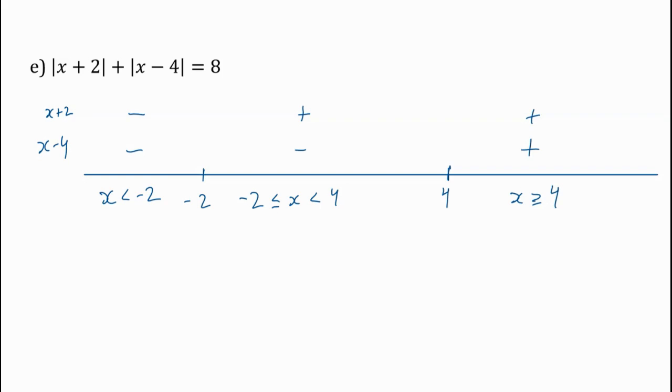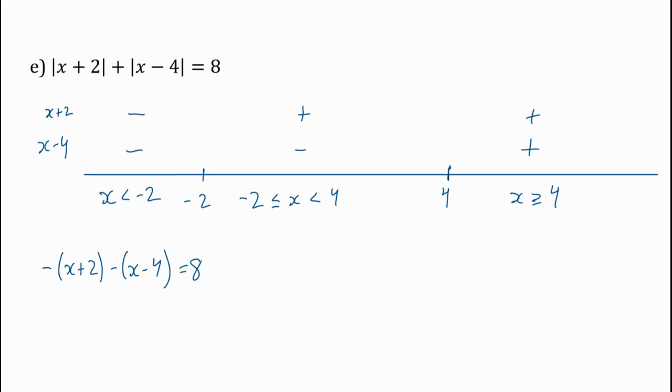Okay, so what does it mean that there's negatives? It means that the argument of the absolute value would calculate to a negative. So we have to put a negative out in front to turn it back to a positive, because that's what absolute value does. Okay? And same for both, because they're both negative.